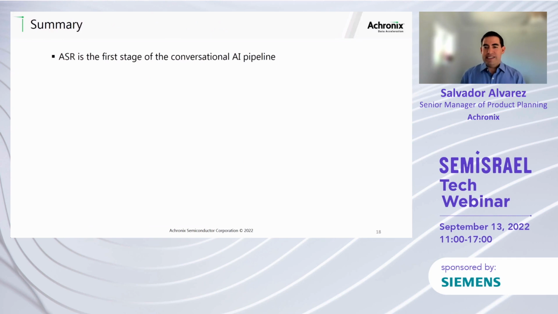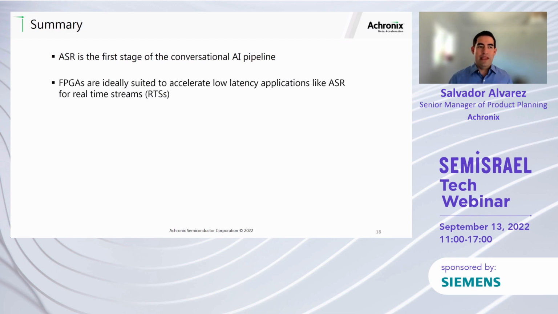So let me summarize today's discussion. We focused on ASR, which is the first stage of the conversational AI pipeline. FPGAs are ideally suited to accelerate those low latency applications, those real-time applications, such as ASR for real-time streams.